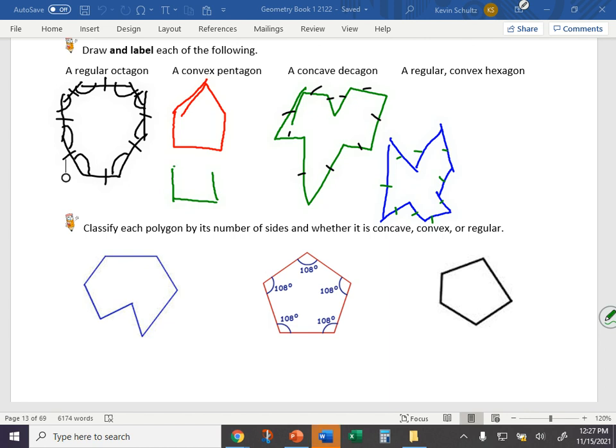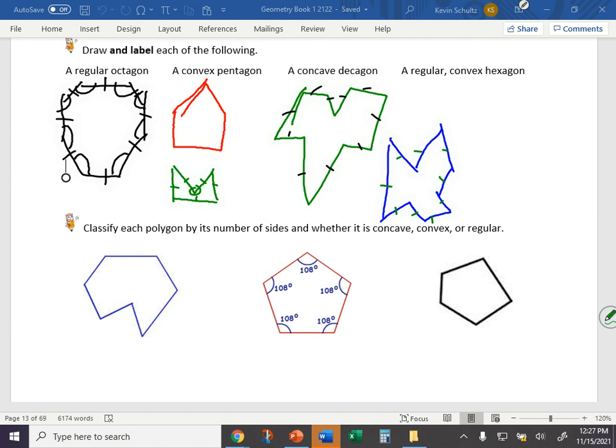Those are going to be about the same, right? I can do that, congruent sides, close enough. But this angle here, the fact that it goes inside the shape, that's going to be the problem. You can't get that congruent angle piece. So no, I'm unable to draw a regular concave hexagon.